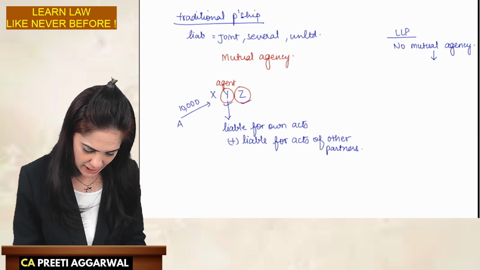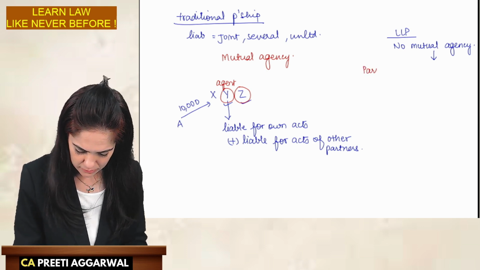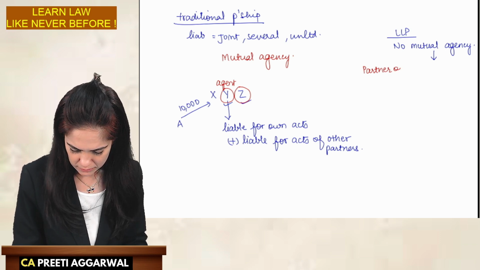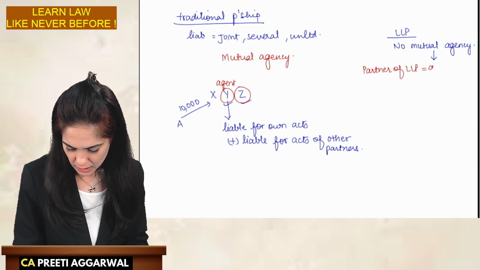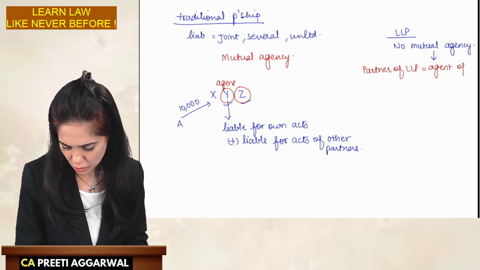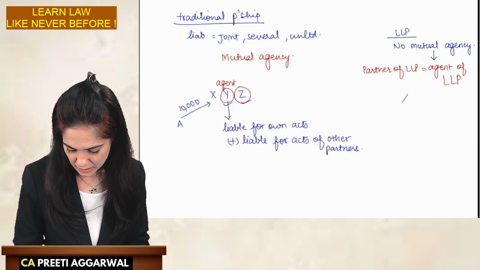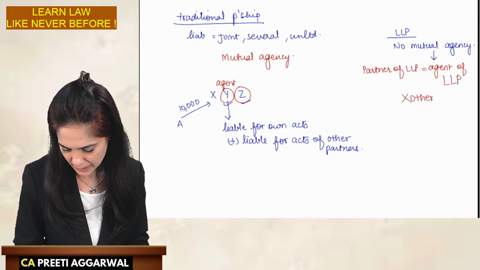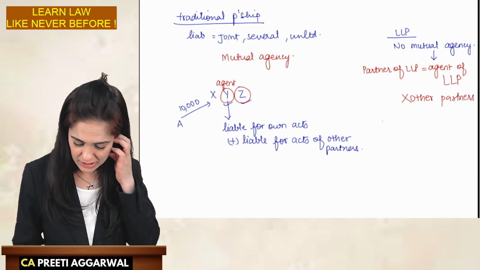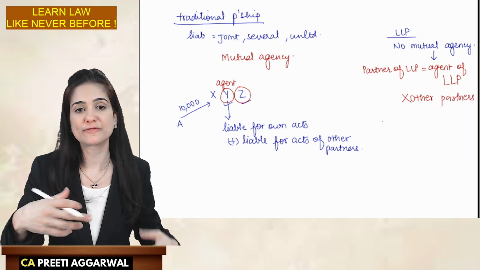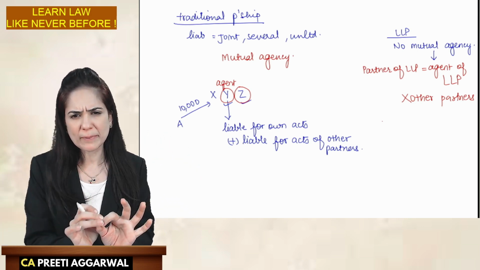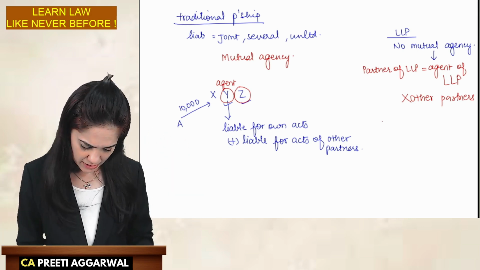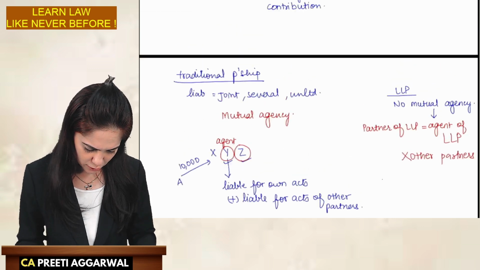But in case of LLP, partner is agent of LLP, not other partners. Other partners are not liable for acts of each other. Liability of the partner is limited to their extent of capital contribution.